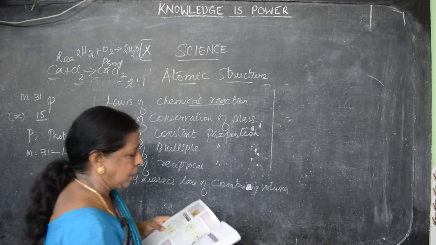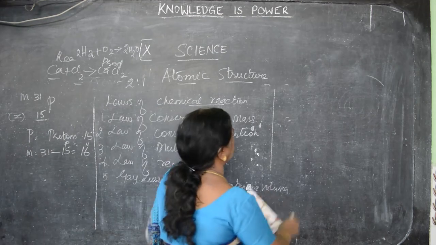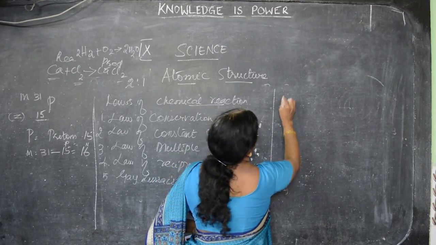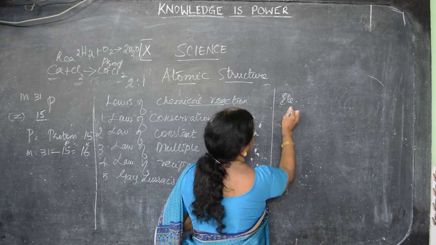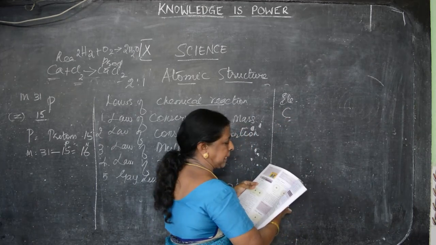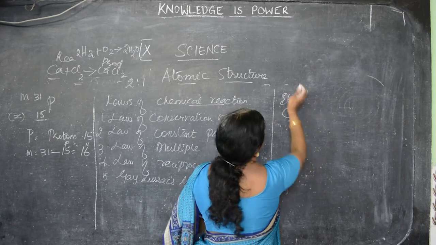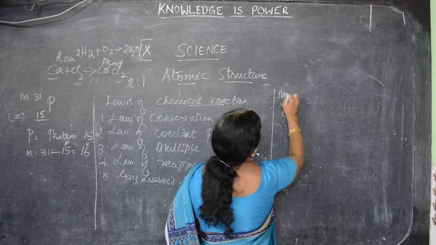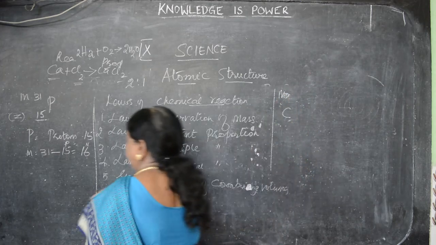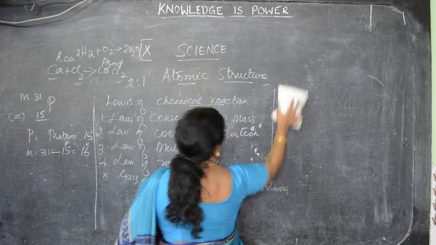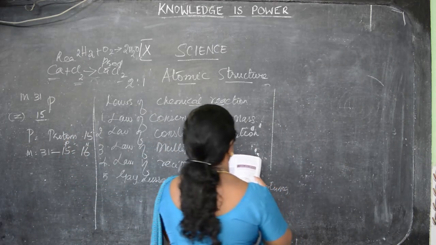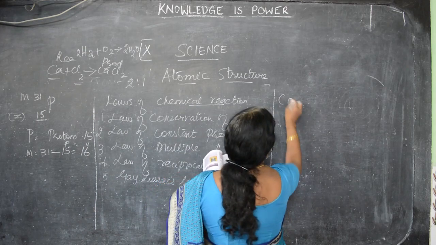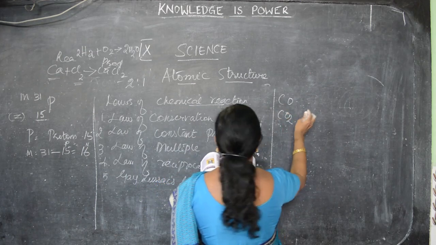Here we are taking two elements. First element is carbon. Second element is oxygen. One compound is carbon monoxide, the other is carbon dioxide.